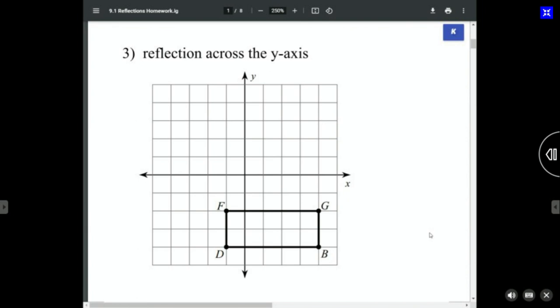You should write that down up here. X times negative 1 when you're going across Y. So, negative 4, negative 2. That's going to be your G prime. Going across the y-axis. So it's not coming up. It's flipping over Y.